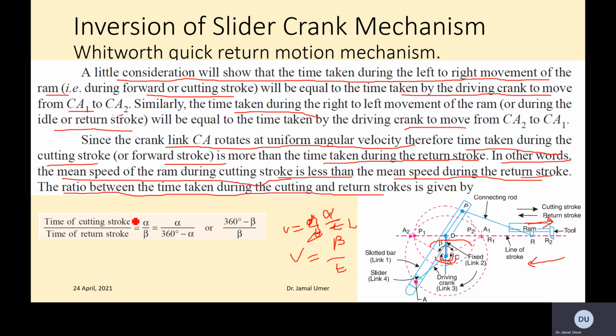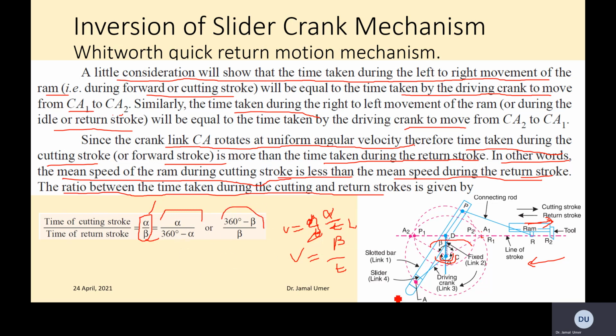So make sure you understand this quite well, because in the assessment it's not necessary which one you take, alpha or beta, but you need to define what is forward and what is return. The time ratio always remains like this: alpha over beta, the forward one on top and the reverse one at the bottom. You can write it in terms of alpha, or in terms of beta.